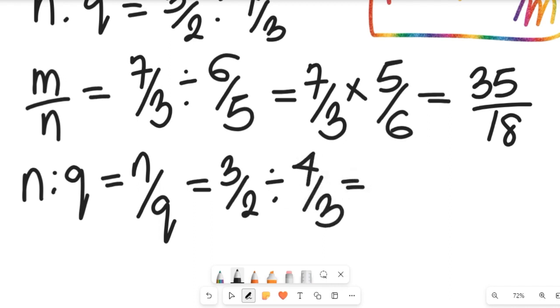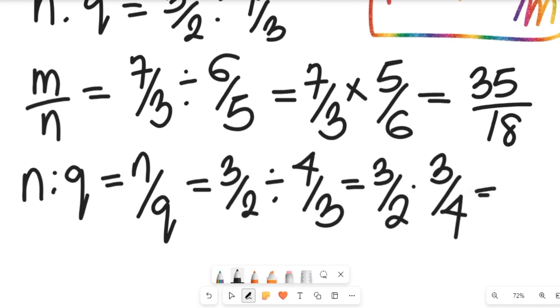So this will be equal to 3 divided by 2 multiplied by 3 divided by 4, because this will invert. So we're going to have 3 divided by 4. Great. So having done that, this whole thing will give us 9 divided by 8.